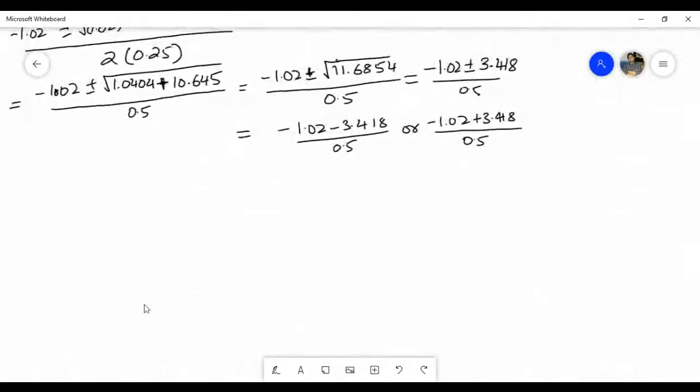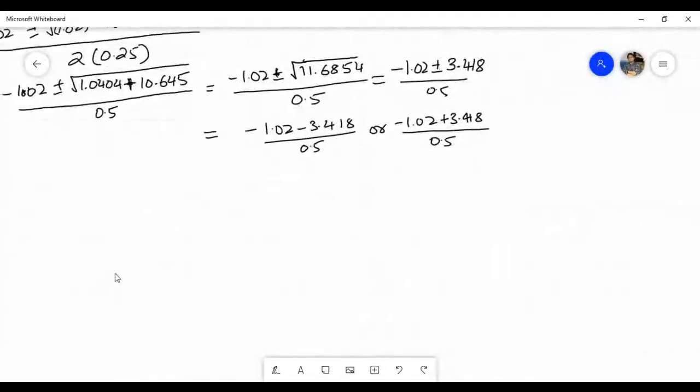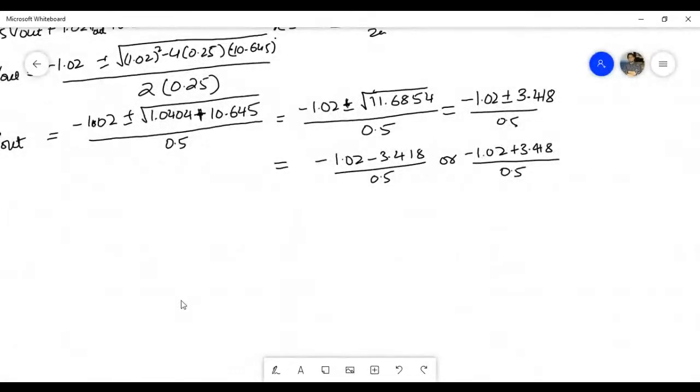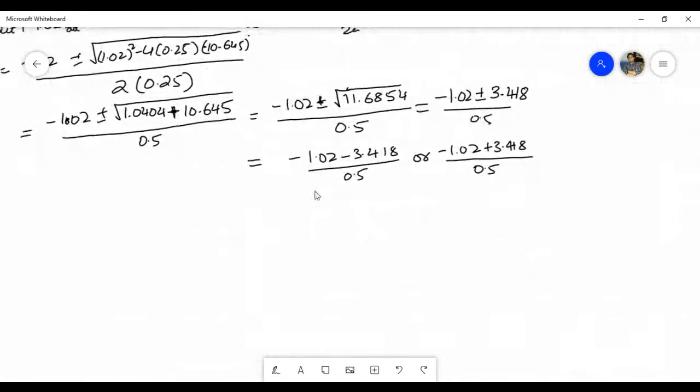So how much will it be? So here you will get negative voltage. Negative voltage we can ignore, okay? So it is negative, so let us ignore this.